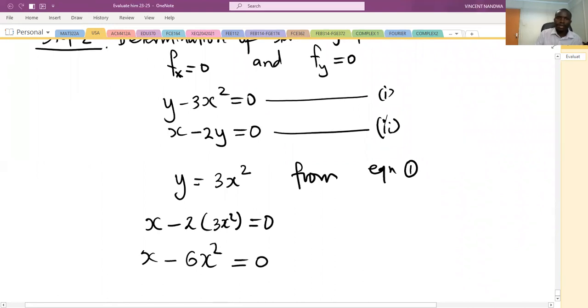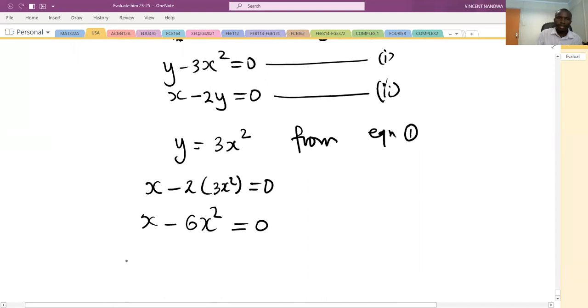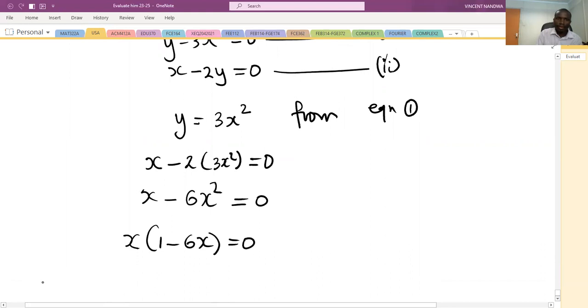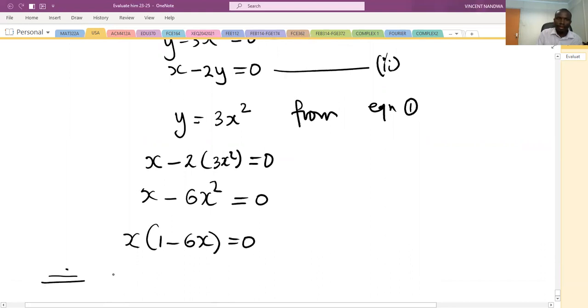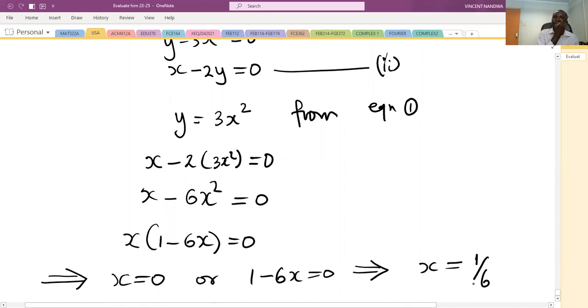So this is quadratic. We can factorize x into x times 1 minus 6x equals 0, which tells us that x equals 0 or 1 minus 6x equals 0. This implies x equals 1 over 6. So there are two values, x equals 0 and x equals 1 over 6.